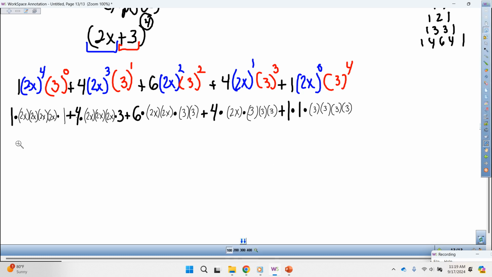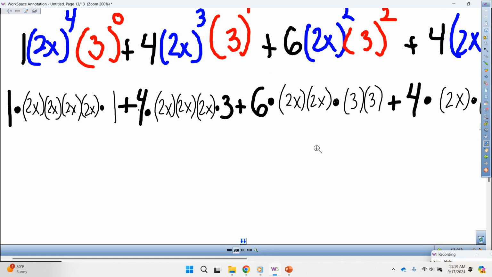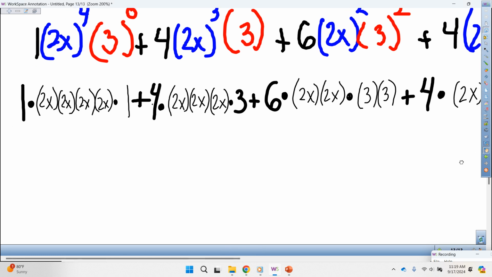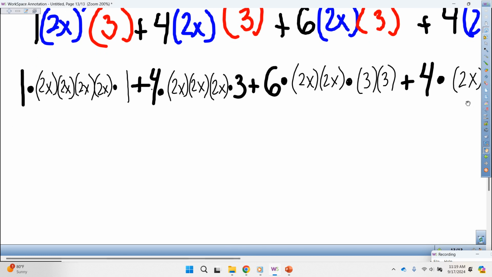Here we go. At the end, we just multiplied numbers times numbers and variables times variables. Look up. Here it goes. What is 1 times 2 times 2 times 2 times 2 times 1? 16. Okay. What is x times x times x times x?